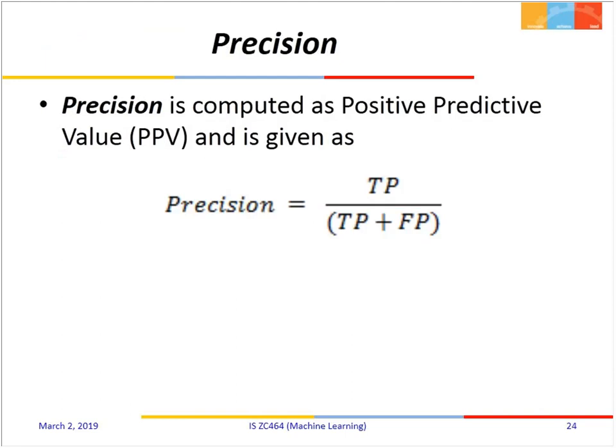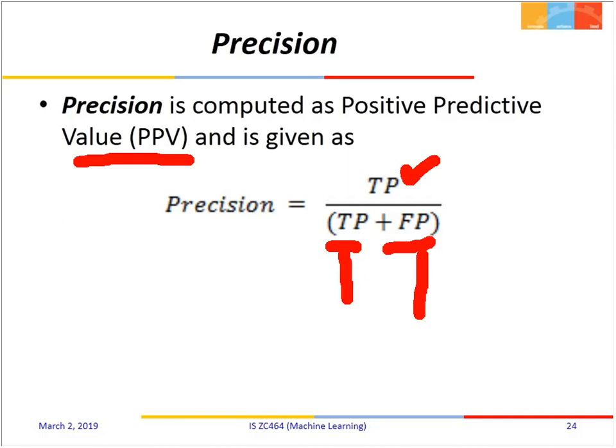And when it comes to precision, it is computed as positive predictive value and is given as true positives divided by true positives plus false positives. You can understand that true positive is the actual value, false positive is the predictive value. So how many people are identified as true positive? That is what is actually correctly recognized.